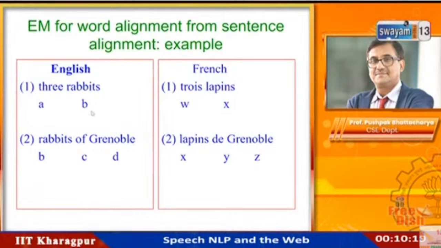We will have to uncover alignment at smaller text segments. 3 corresponds to what? Does it correspond to Trois or lapin? And rabbits of Grenoble, what does of correspond to? It corresponds to de, but automation doesn't know it. An automatic system doesn't know it.